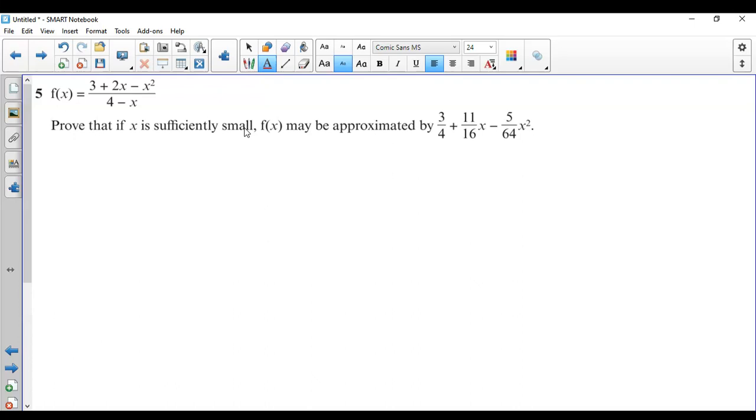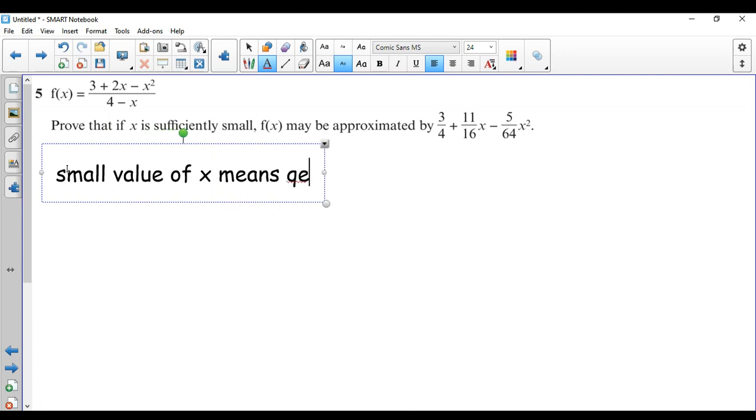Exercise 4B, question 5. Okay, we've been given a function, it's a fraction. We've been asked to prove that if x is sufficiently small, f of x may be approximated by... So the first thing they want us to do is to comment that a small value of x means we can ignore x cubed and higher powers.